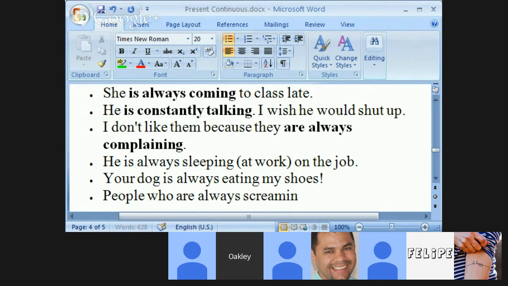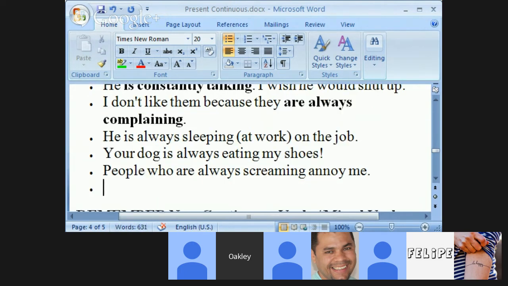Yes. Okay, people who are always screaming annoy me, really annoy me. So it is possible to form a sentence in the more general rather than specific, with a general subject, by using the same form, are, always, whatever, in a relative clause. So thank you for that good example of something I needed to show you.